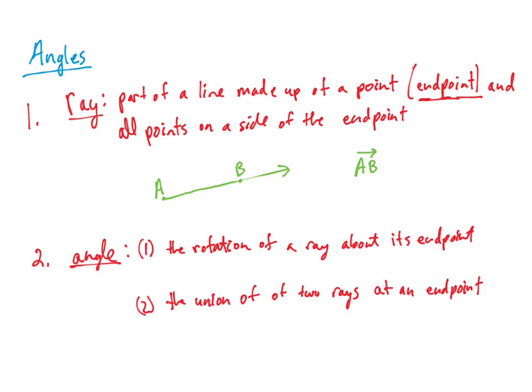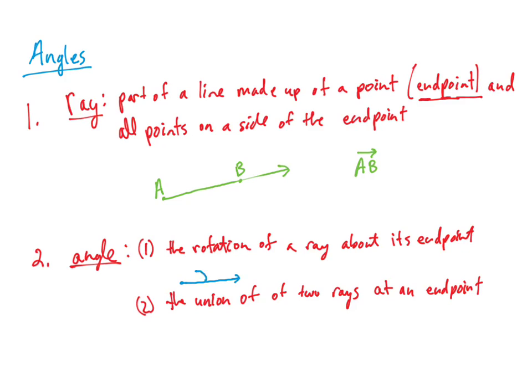Second definition we have is an angle, and there are two definitions we can use. First is the rotation of a ray about its endpoint, and then the second definition is the union of two rays at an endpoint. So thinking about that first definition, the rotation of a ray about its endpoint. Suppose we have a ray and we rotate it.